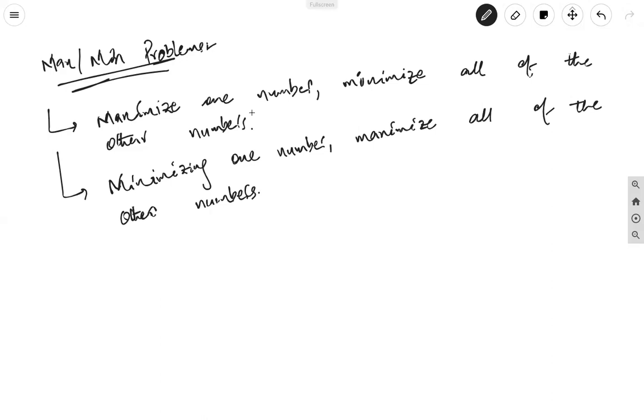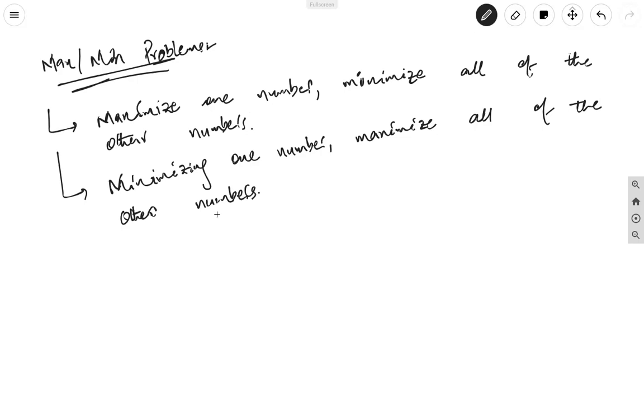So the basic concept is, in these questions, you are usually asked to maximize one number. In case you're asked to maximize one number, you need to minimize all of the other numbers so that you can get the maximum value of that number. And likewise, if you're asked to minimize one number, then you need to maximize all of the other numbers.